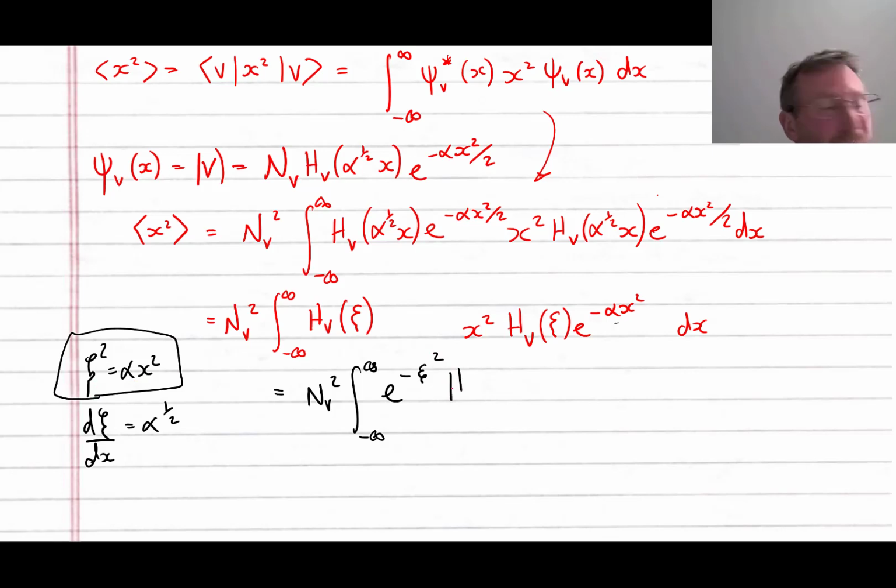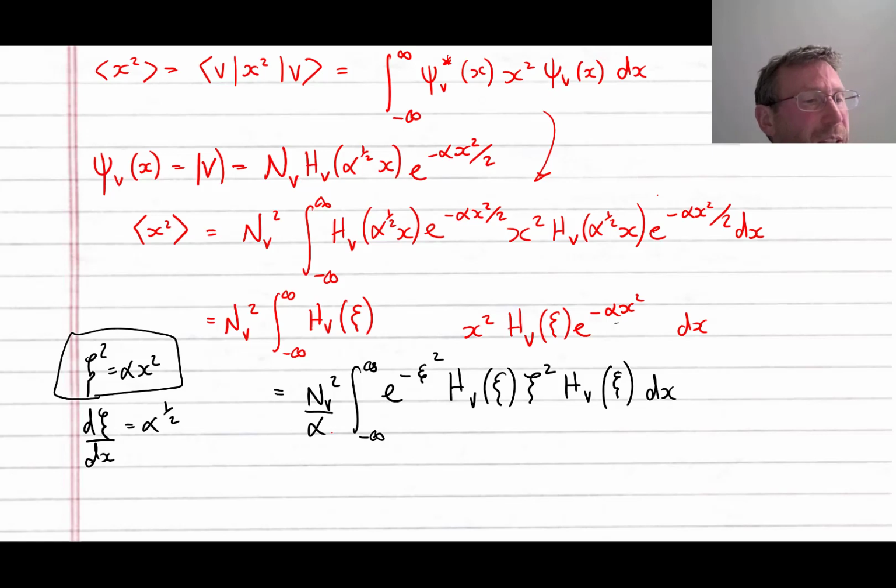Okay, so now we've got H_v of xi, and the x squared is equal to xi squared over alpha, multiplied by H_v. This is very similar to something that we saw in the previous slide. So we're just gradually simplifying this. What we'll next do, of course, is bring the alpha outside. It's a constant.